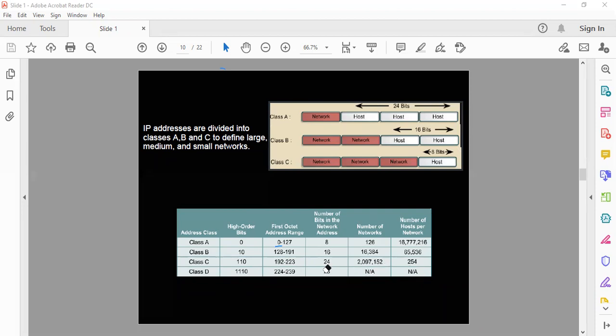In that case the network octets, meaning 24 bits, are reserved for networking, and it ranges from 192 to 223, while class D is used for multicasting. There are no network bits and no host bits. It is used for multicasting purposes.